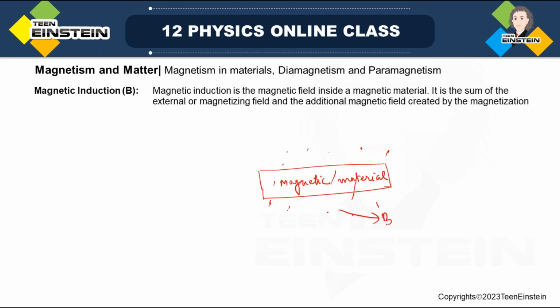This is the magnetizing field B. What will be the magnetic induction inside the material? What is the magnetic induction inside a magnetic material when it is subjected to an external magnetic field?